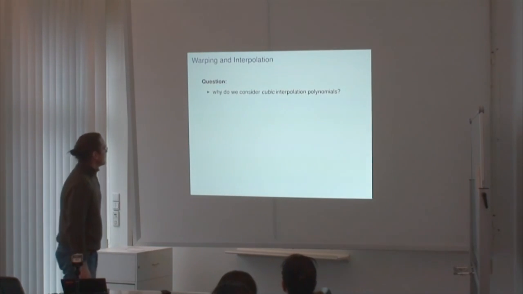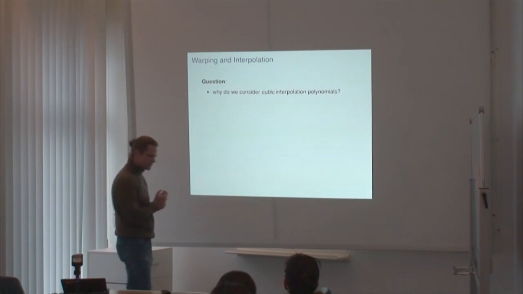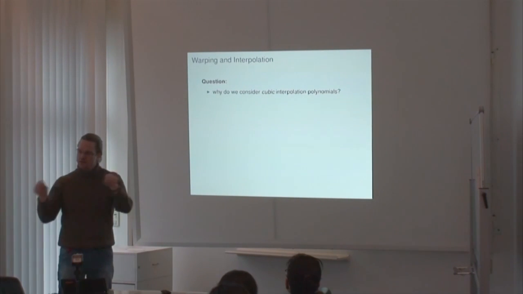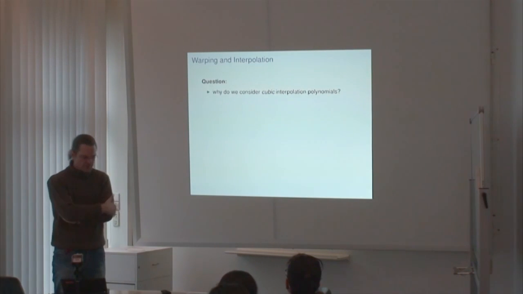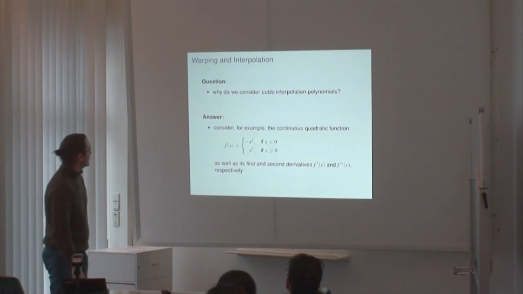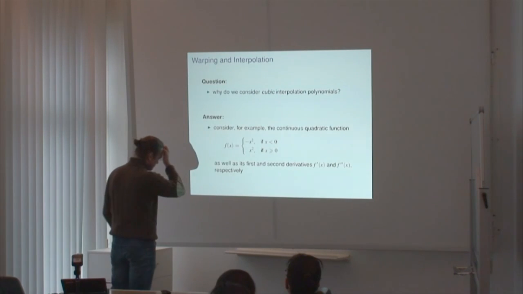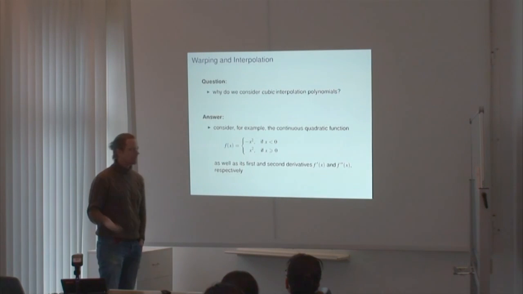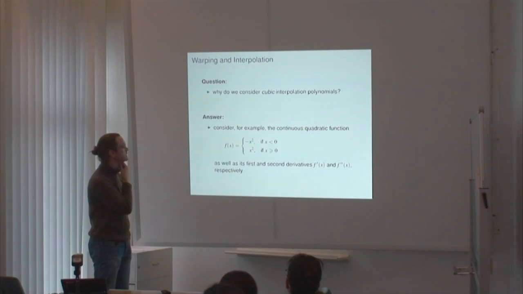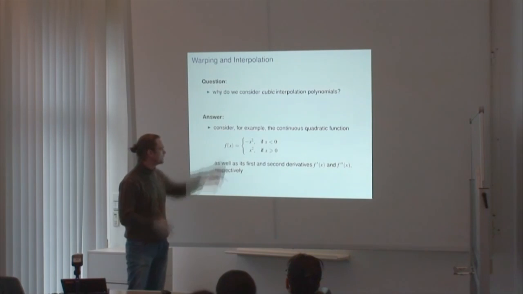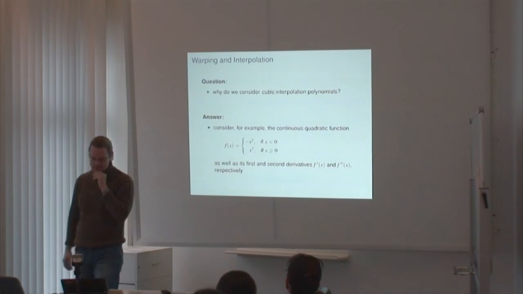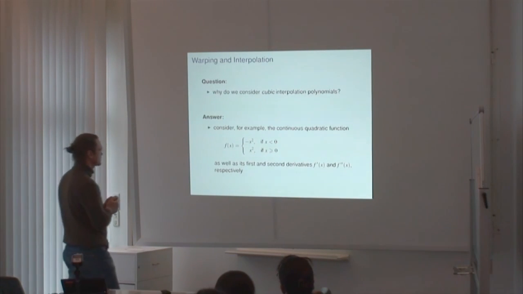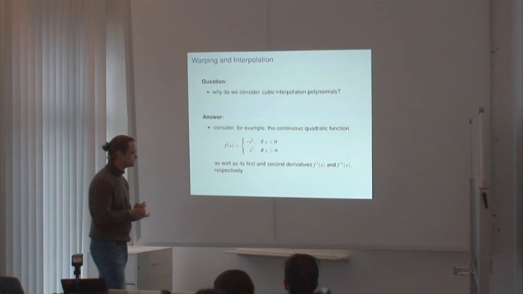So, can be done. Why do we consider cubic splines in all of this? That is, why do we consider tiny polynomials of degree 3? Well, let us ever so briefly consider again a rather contrived example. Here is a function, I call it f of x, which is defined as minus x squared if x is less than 0, and x squared whenever x is larger or equal than 0.